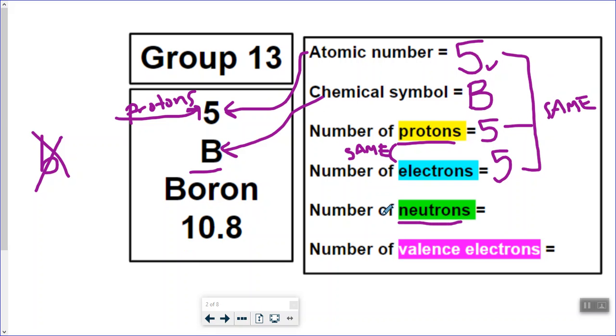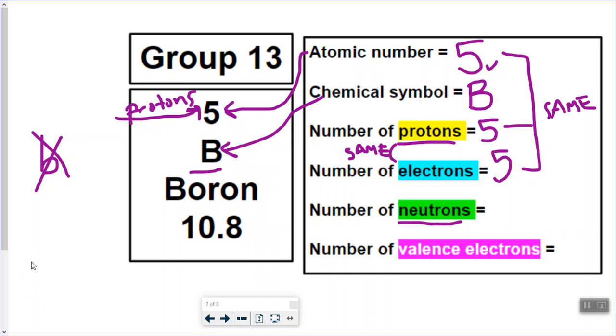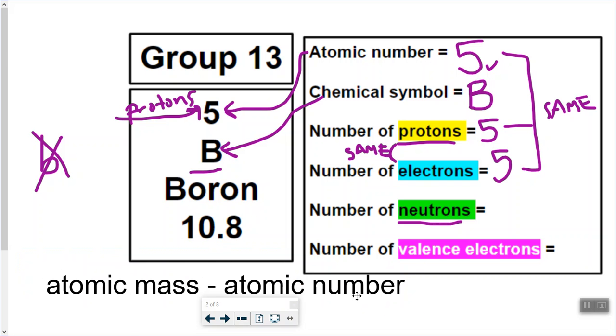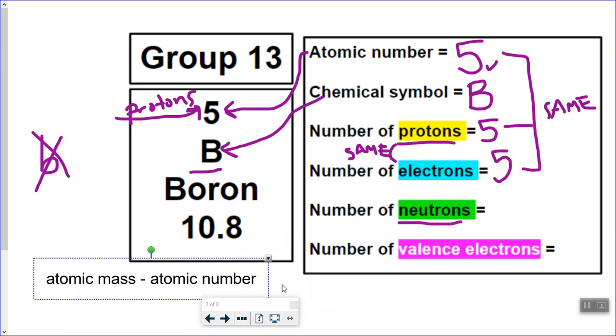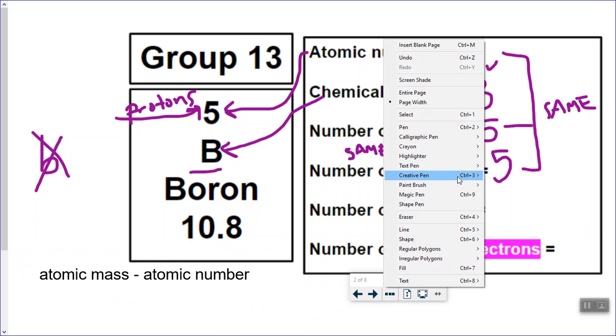All right, now let's do neutrons. Okay, remember, neutrons, you do atomic mass minus atomic number. Okay, that's how you do the number of neutrons. Atomic mass minus atomic number.